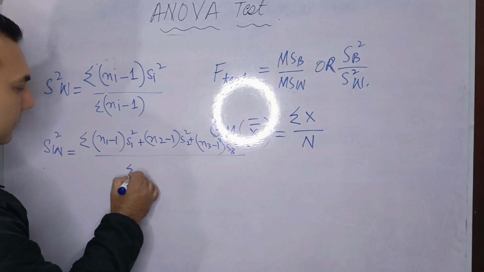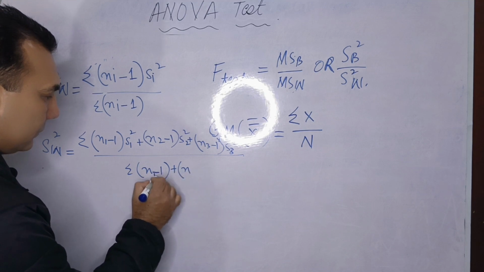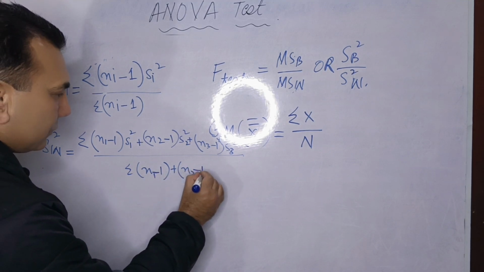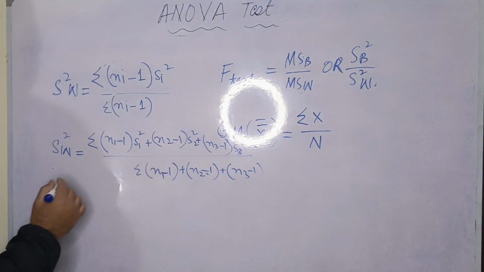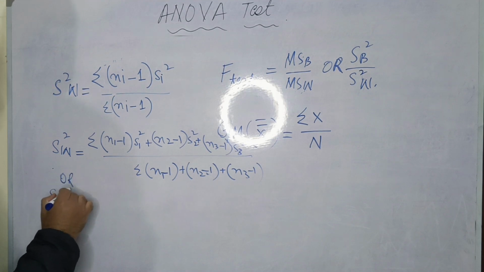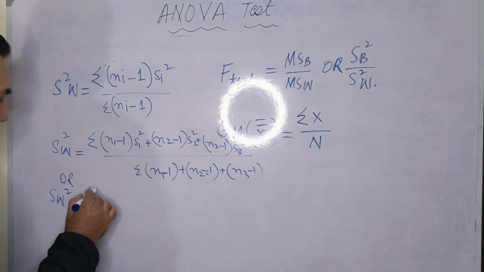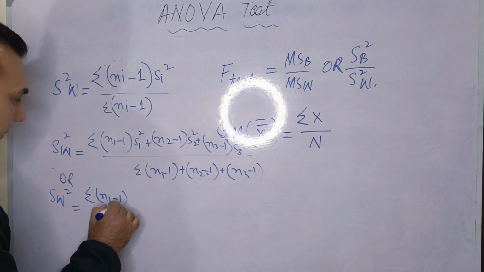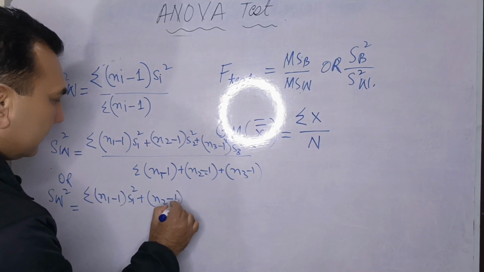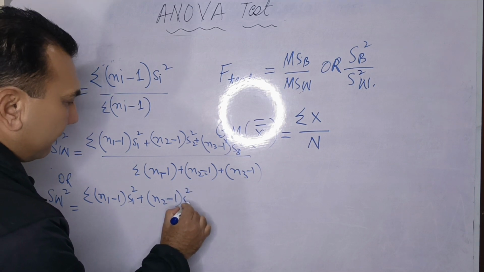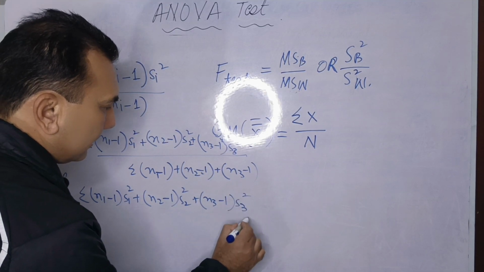Then we will divide by the sum of n1 minus 1 plus n2 minus 1 plus n3 minus 1. Or you can write it like this: the sum within the group, n1 minus 1 s1 square, n2 minus 1 times the second variance, and n3 minus 1 s3 square.